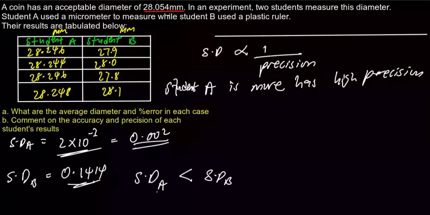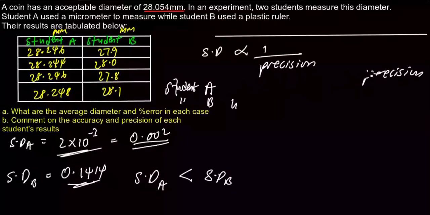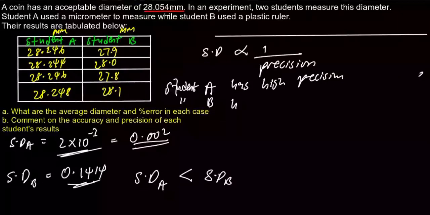Why? The standard deviation of A is low. And student B, what am I writing? Sorry. Student A has high precision. Please, sorry about that. So student A has high precision. Why does student B have low precision?